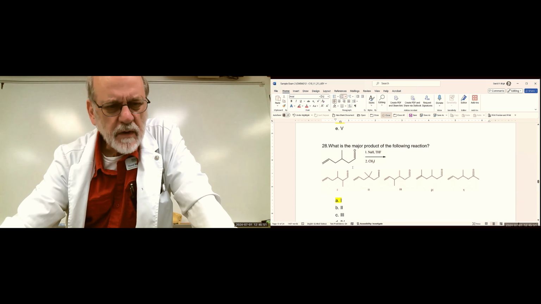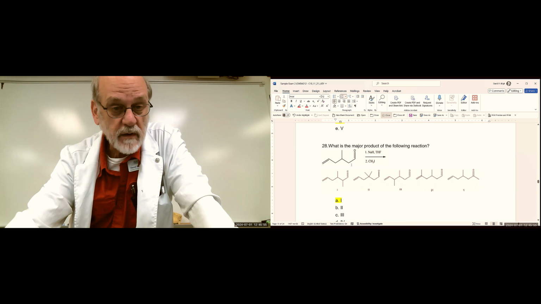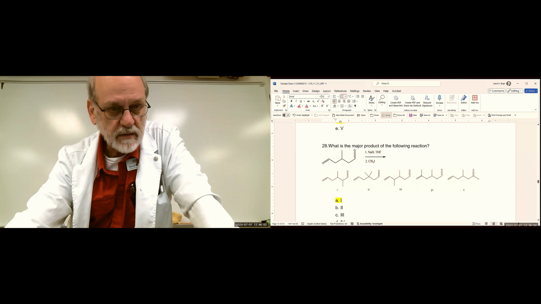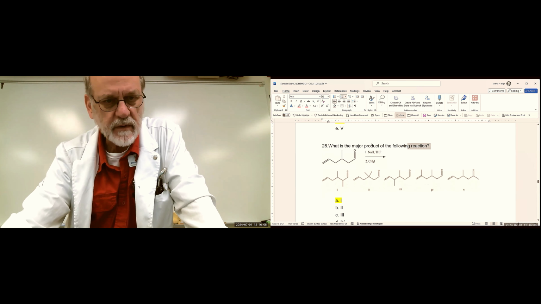So A would work. We're going to attach that methyl group after we form the anion. That's a good one. Keep it.